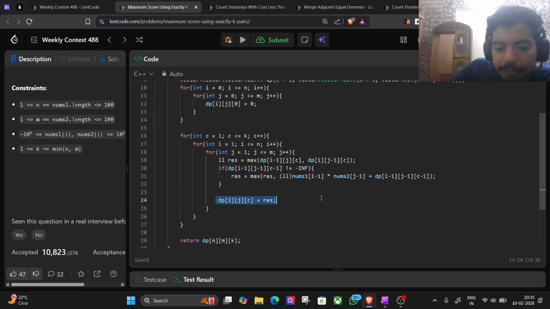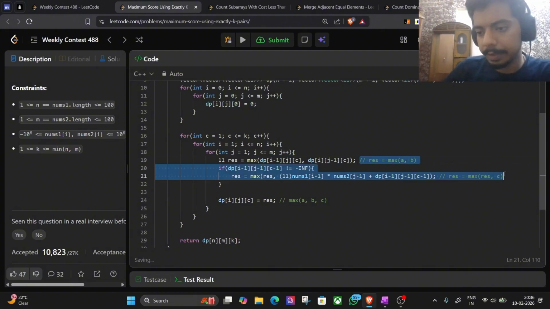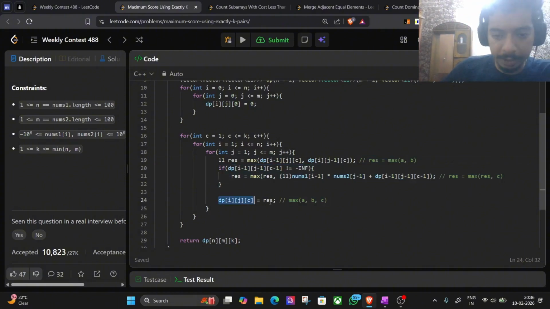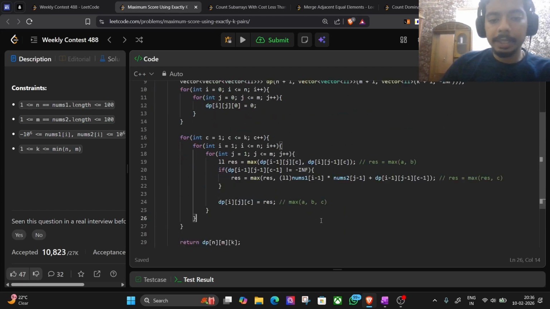Then update your dp[i][j][k] with the maximum of a, b, c. Here you are taking result as the maximum of result and c, and here as the maximum of a and b. So in total you are taking the result as the maximum of a, b, c, which you store in dp[i][j][k], and after that return dp[n][m][k] directly, and you will get your answer. So that's it for this code.